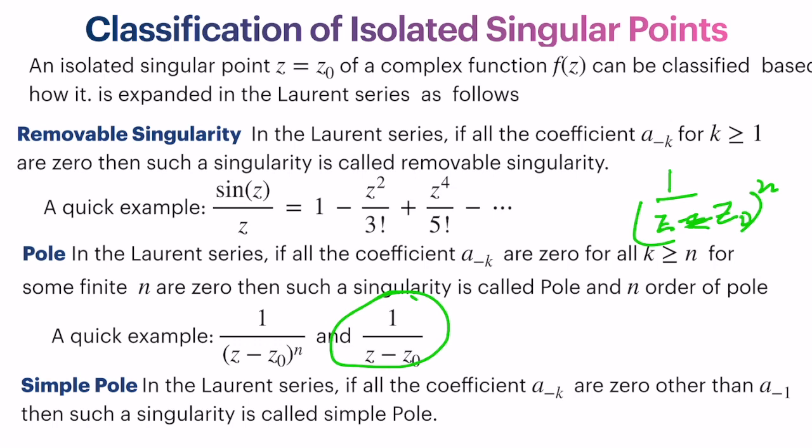All other terms for negative coefficients are 0. So those are called simple poles. That means in principle you should be able to write a minus 1 by (z minus z naught) plus a0, plus a1 into (z minus z naught) to the power 1 and so on. So this is the meaning of the simple pole.